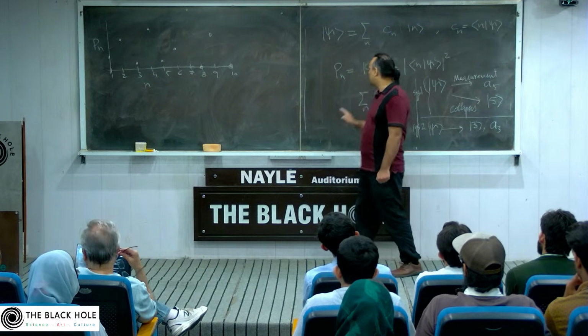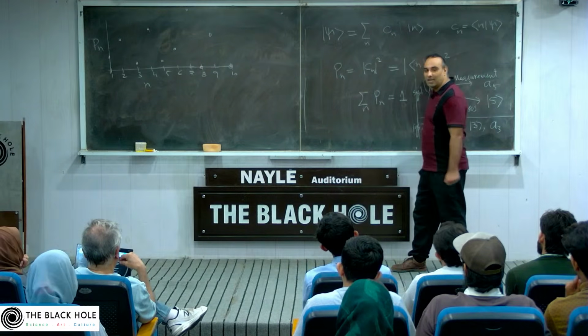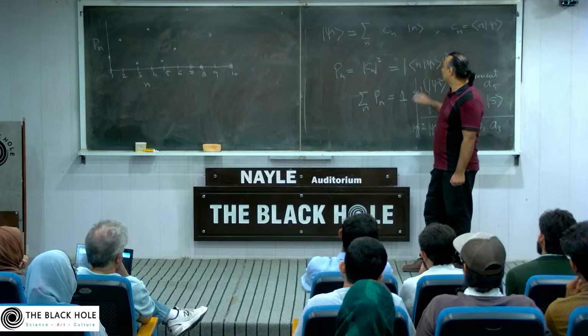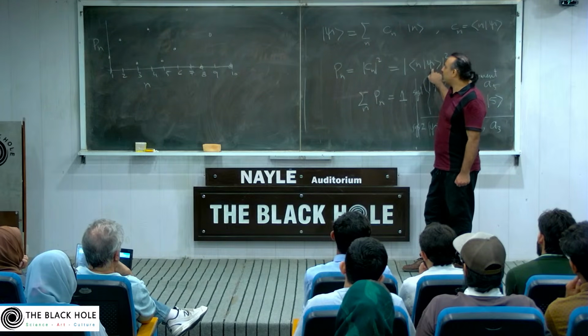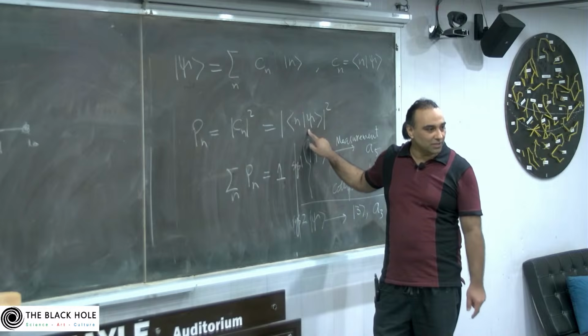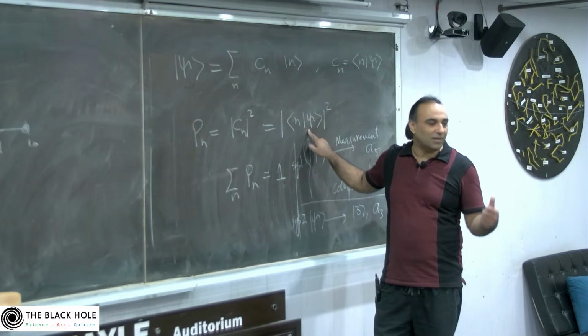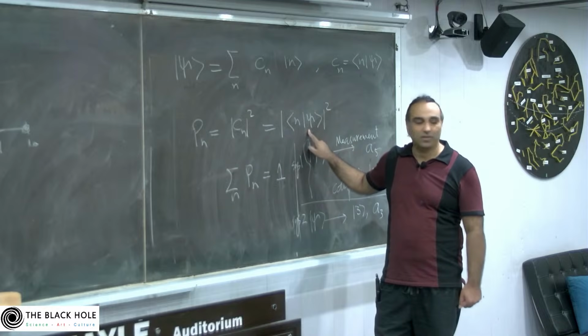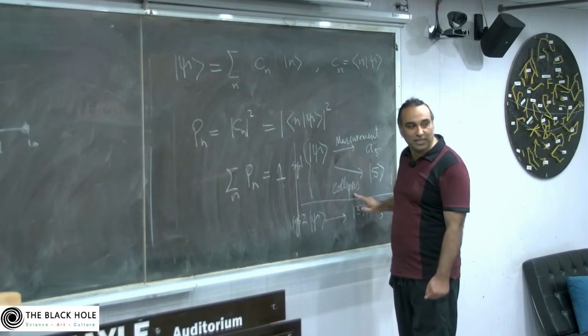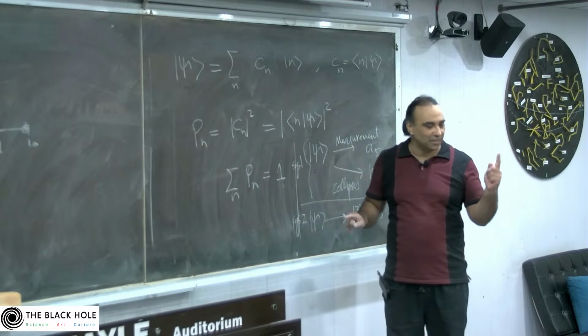If this state is an eigenstate of our operator that we are going to measure, then it will be one of these n's, and this will become a delta function, and for that particular state it will be 1, and for others it will be 0. Then you will get that state and that corresponding eigenvalue with unit probability.